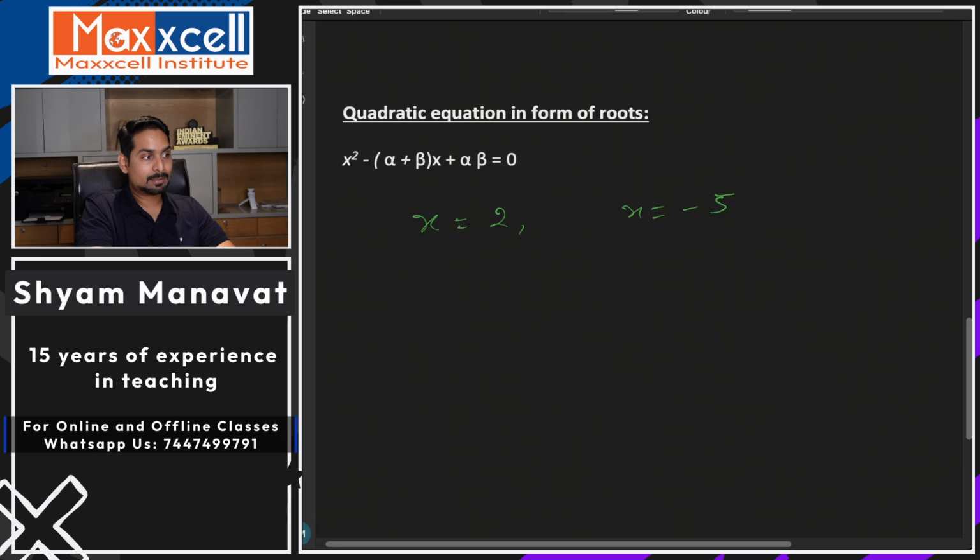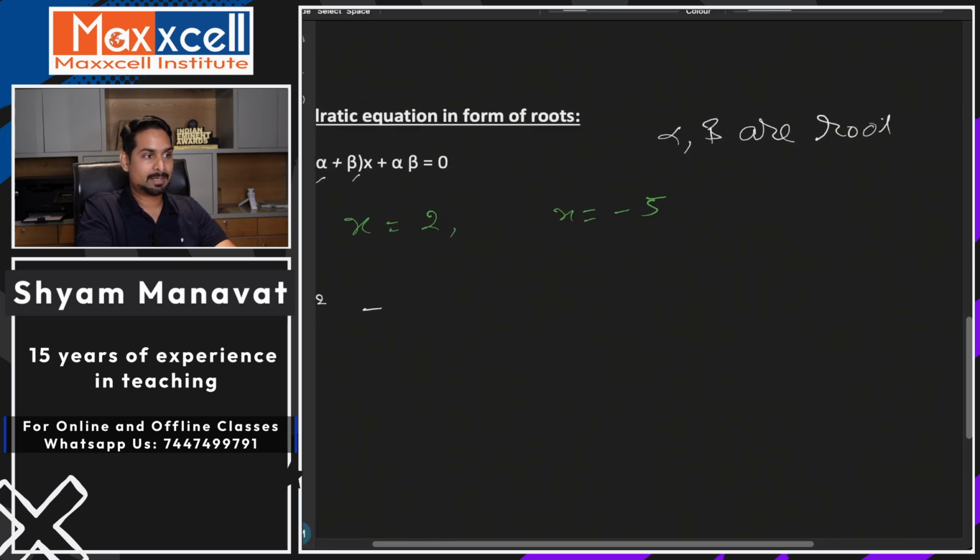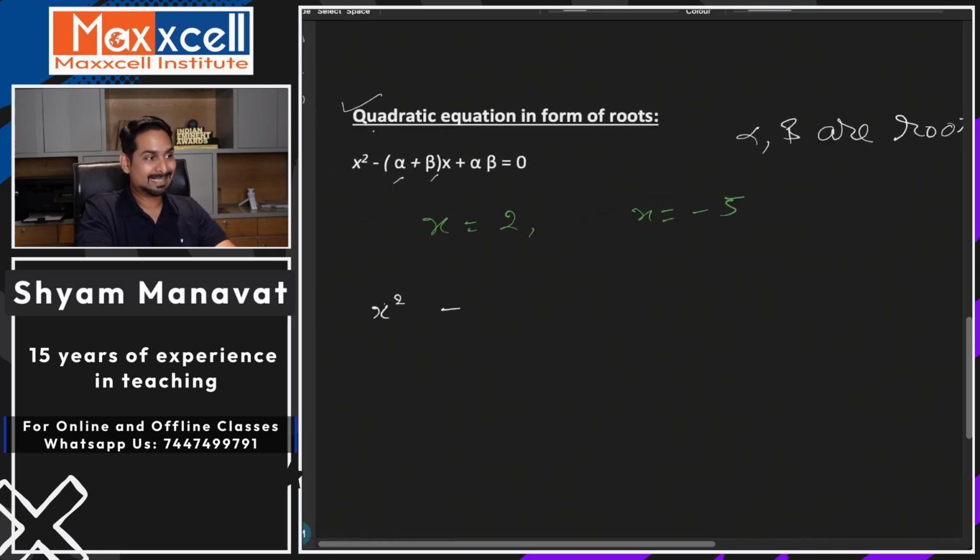So I will say the quadratic equation in form of roots is x square minus alpha plus beta, where alpha and beta are roots. Then this will become the quadratic equation.